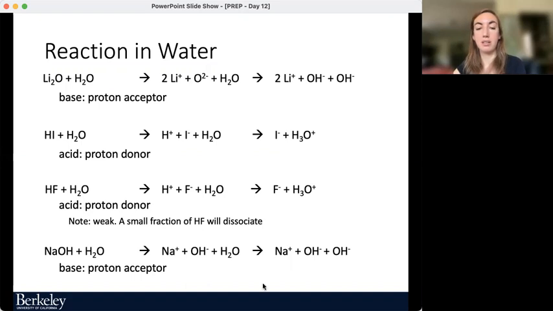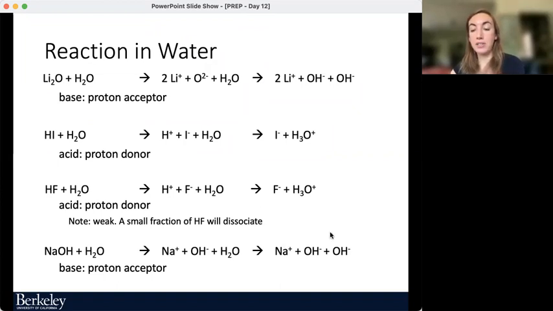Sorry, there's a typo here. This should be H2O. So I end up with the same products that I had before, but I have this OH minus, which is able to accept a hydrogen.